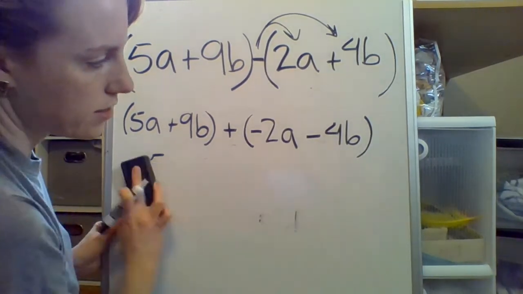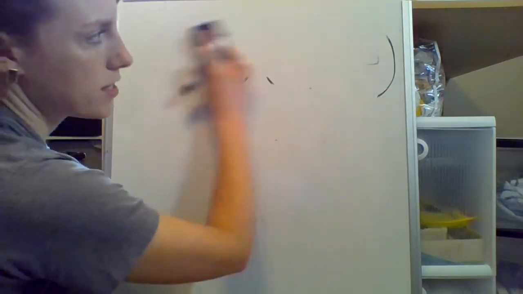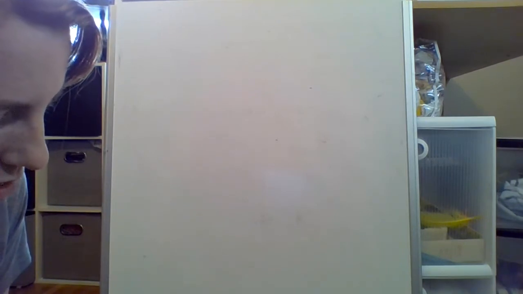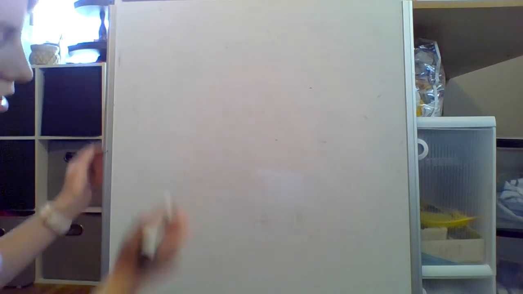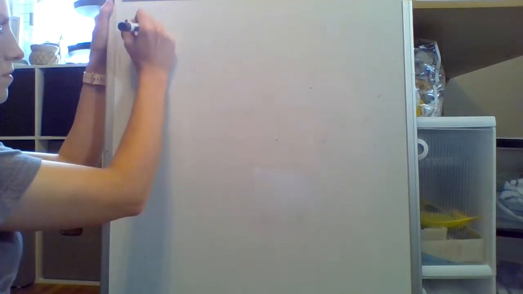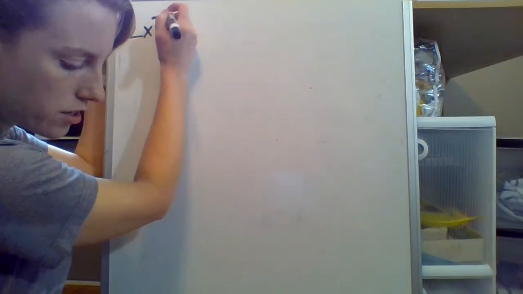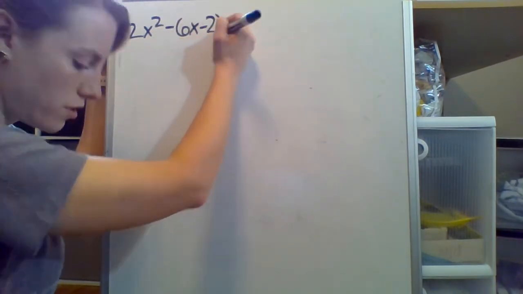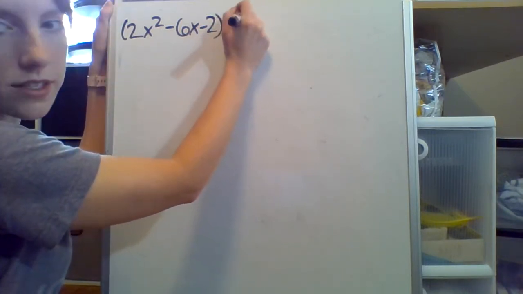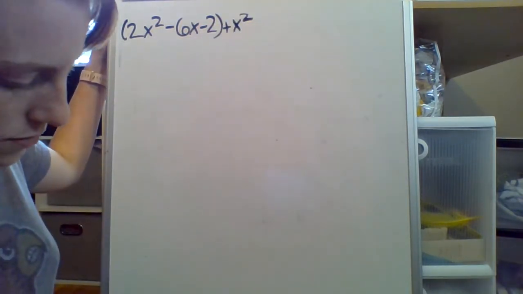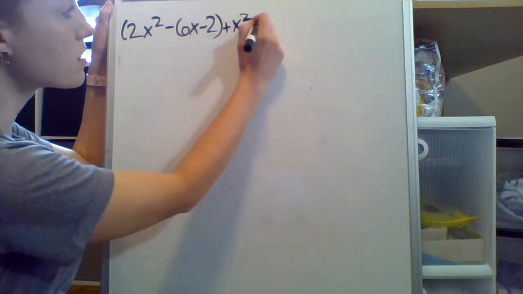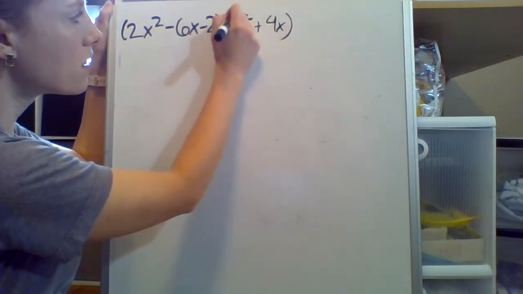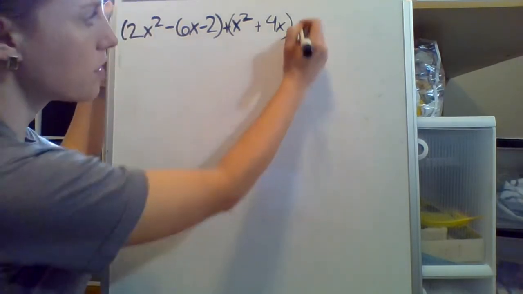Looking at one that's a little more complicated, this one is a lot longer. This one is number 27 on the homework page that you have in your workbooks. 2x squared minus 6x minus 2 plus x squared plus 4x plus 3.